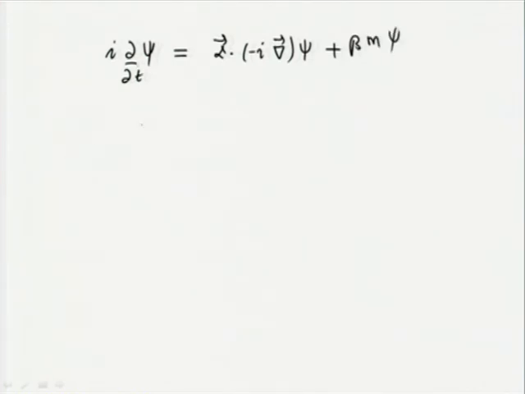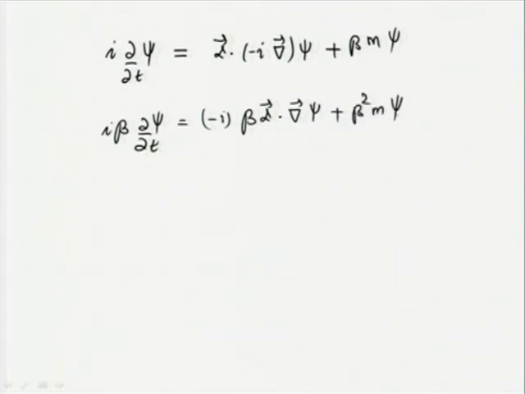Multiply this by beta from the left, which will give me i beta dou by dou t of psi equals minus i beta alpha dot grad psi plus beta square m psi, beta square is equal to 1.